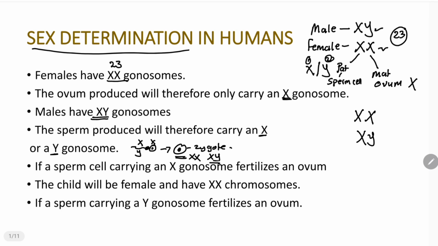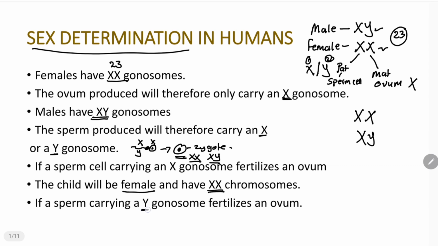Simply because we know that the chromosomes of a male once more are XY and the chromosomes of a female are XX, right? And that is why we try to explain with this statement. So if a sperm cell carrying an X chromosome fertilizes an ovum, then the child will be female, and that is because she will have XX chromosomes, one from the paternal origin and one from the maternal origin, right?